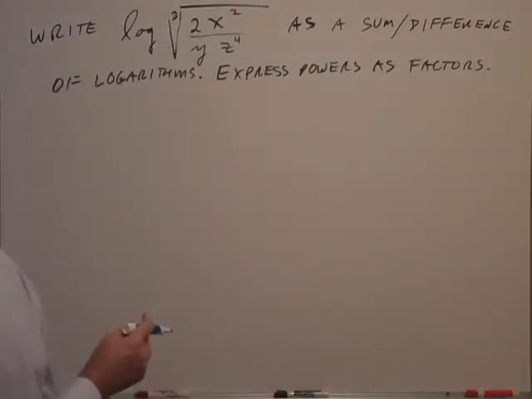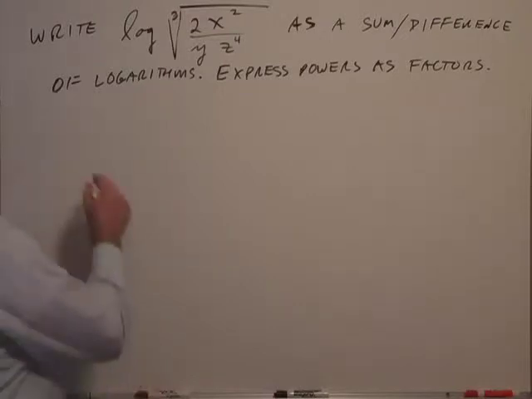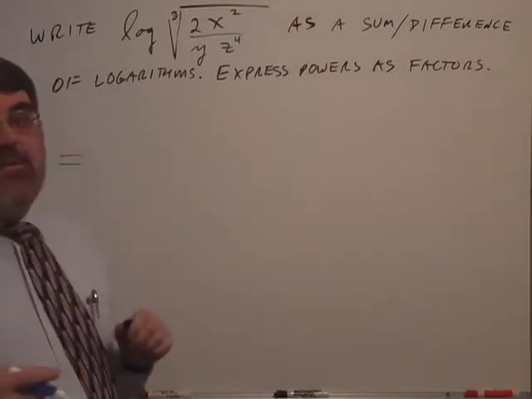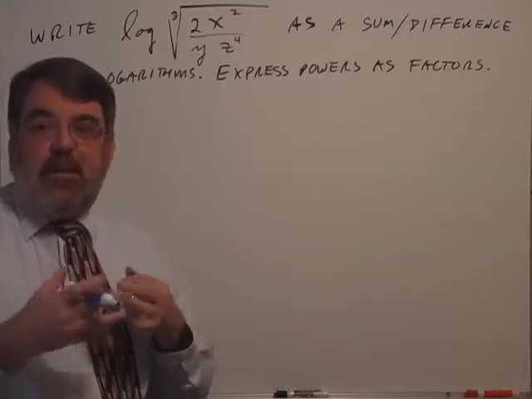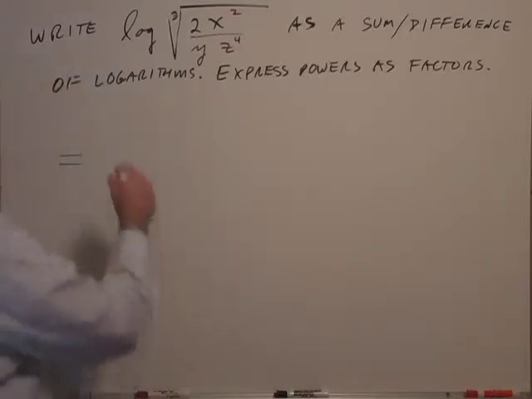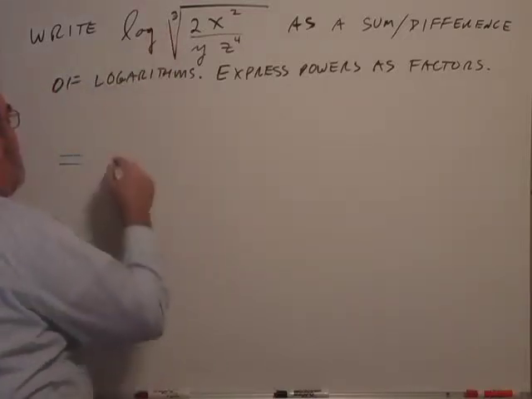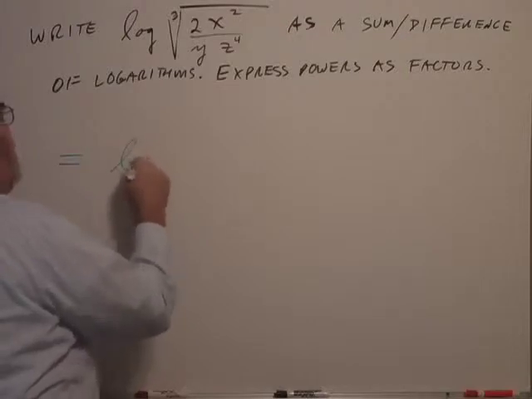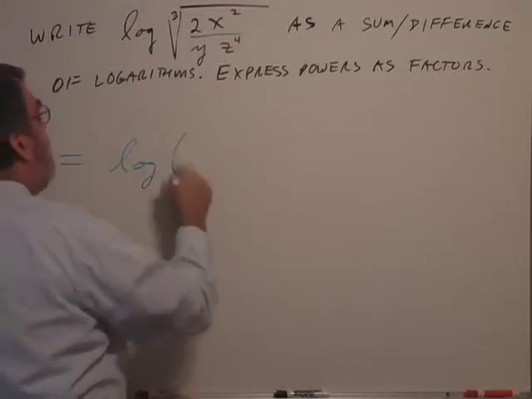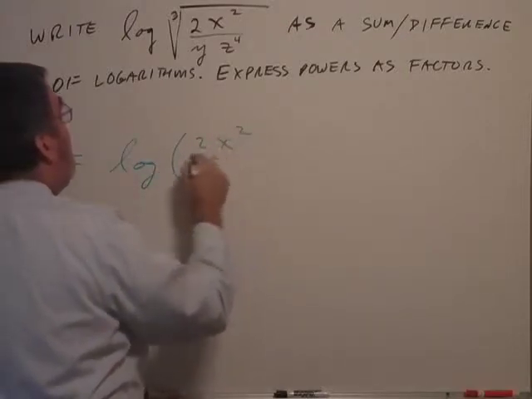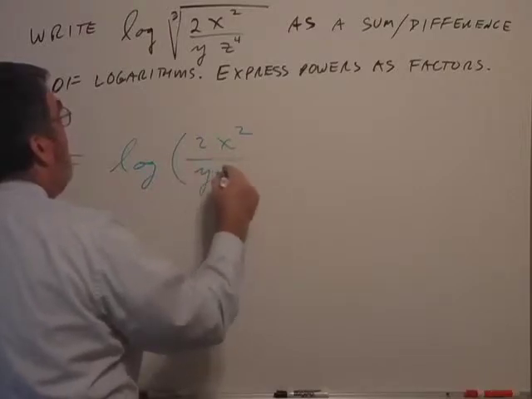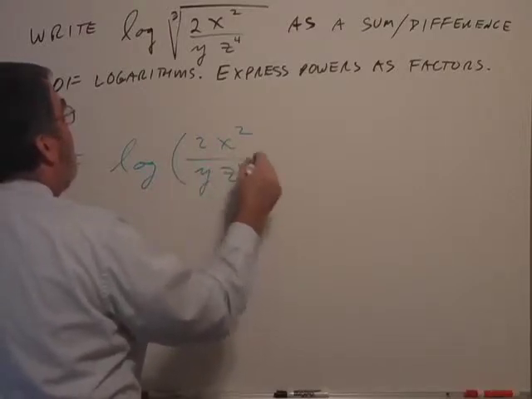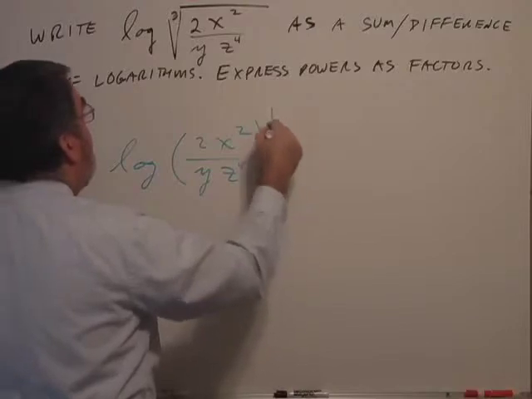Okay, well, first of all, it's useful to change radicals into rational exponents, fractional exponents. So the cube root or third root is the 1/3 power. So this would be the log of 2x squared over y z to the fourth, all to the 1/3 power.